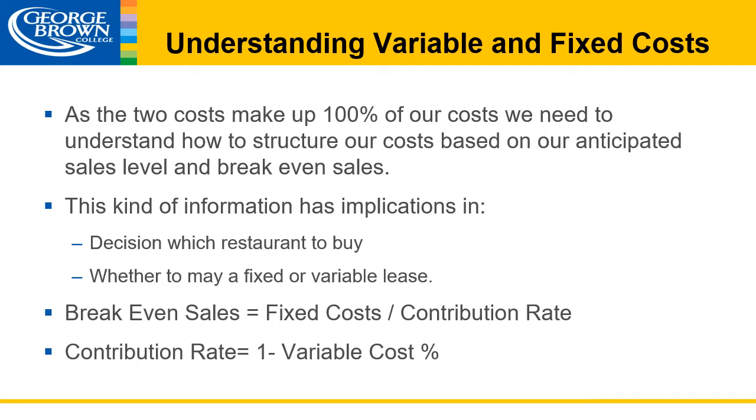But more commonly, our contribution rate, or CR, is equal to our contribution margin divided by our sales. It's the proportion of our sales that goes towards covering our fixed costs and providing for a profit. I'm going to show you how some of this can be used in the following slides.